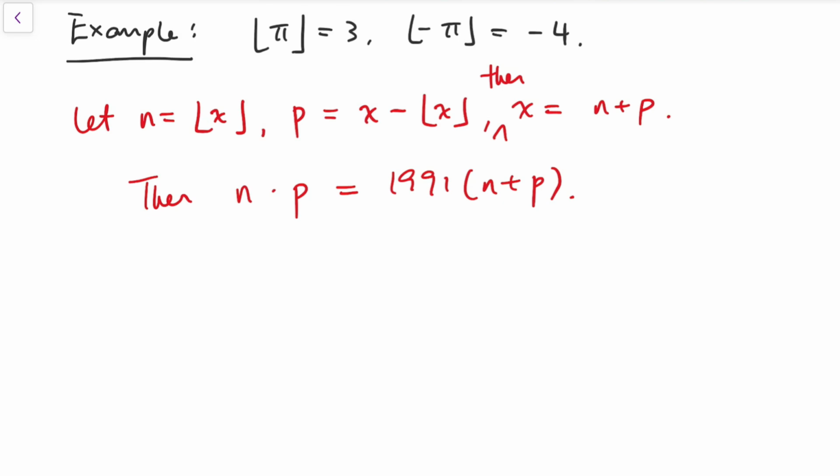Well, this equation is easy to solve because I can just put everything to one side. Let us write this as equals 0 first.